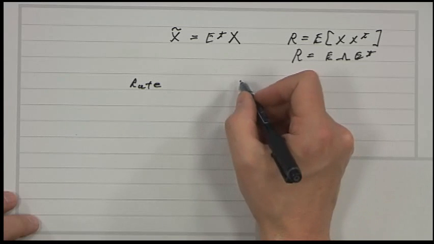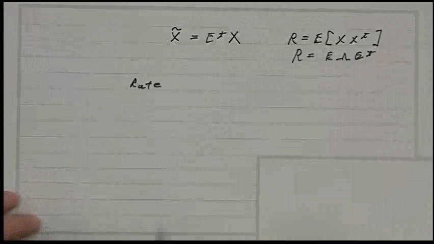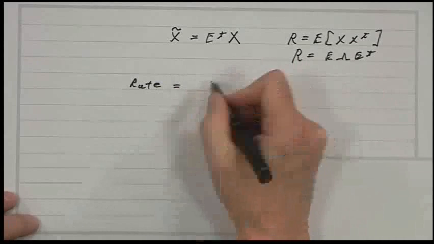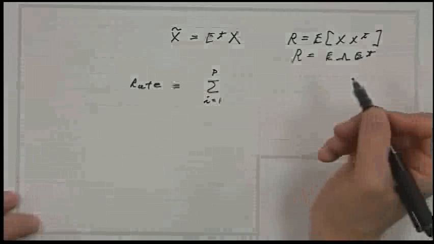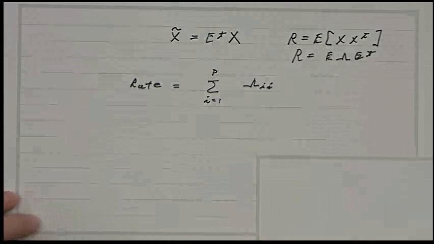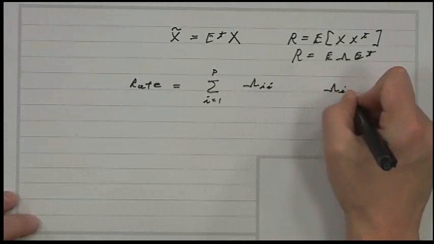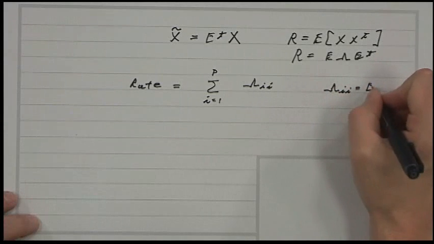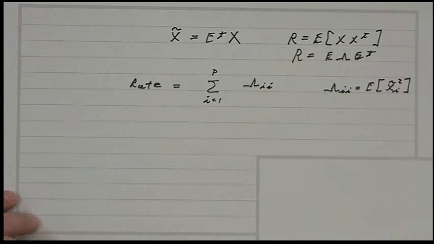I take the variance. So define the rate here will be equal to the sum from i equals 1 to p of lambda i. So that's the diagonal element. It's the variance of the ith component, because lambda i is equal to the expected value of x tilde i squared.